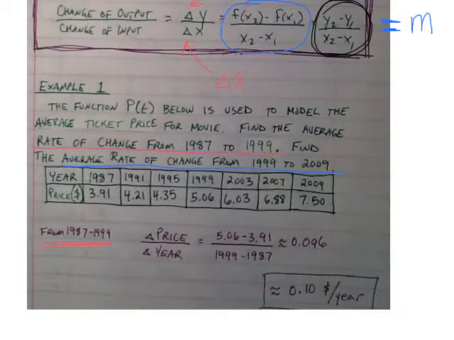So from 1987 to 1999, we want to look at the change in price to the change in year. So our years of interest are 1987 and 1999. So our change in price goes from $5.06 down to $3.91, and our year is 1999 down to 1987.